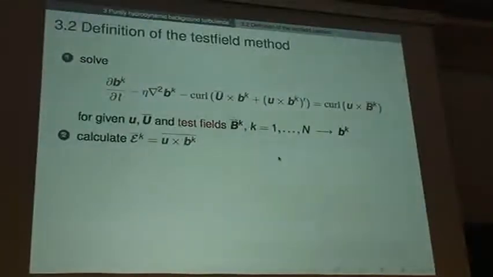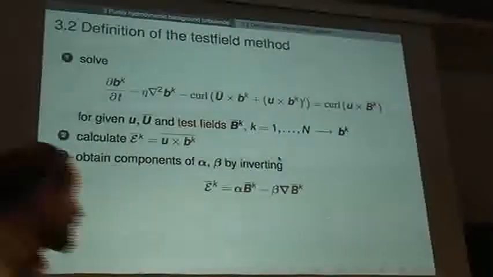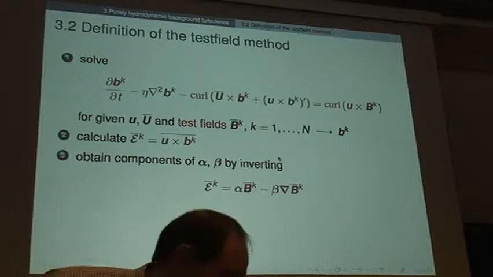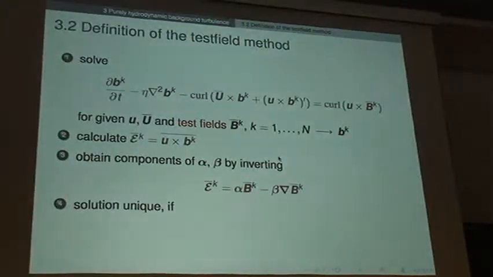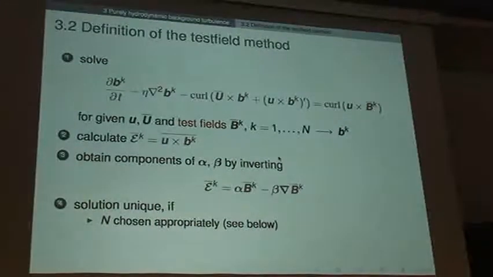Calculate for each k a mean electromotive force, and now obtain the components of the alpha and beta tensors by inverting these equations, which is now, of course, forming a system of equations because k is running. And the solution of this linear system of equations is unique if the number of test fields is chosen appropriately.